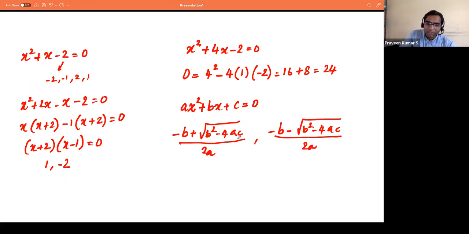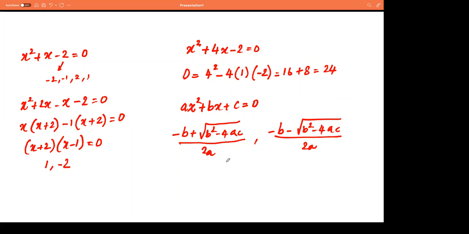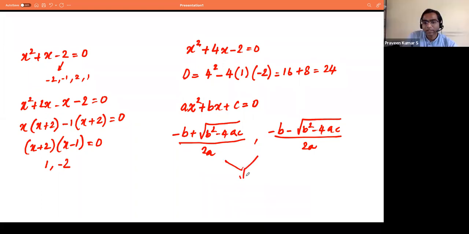Now, if you observe what is there inside the square root, b square minus 4ac is nothing but the discriminant. So together we just write this as minus b plus or minus square root of the discriminant divided by 2a. If you use plus, you will get one of the roots. If you use minus, you will get the other root.